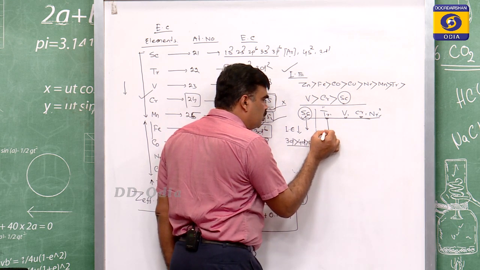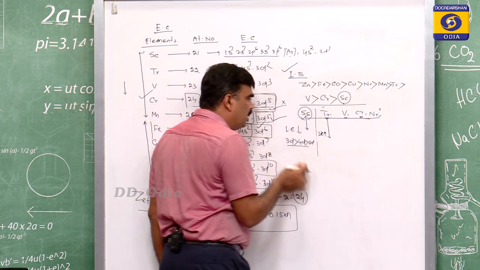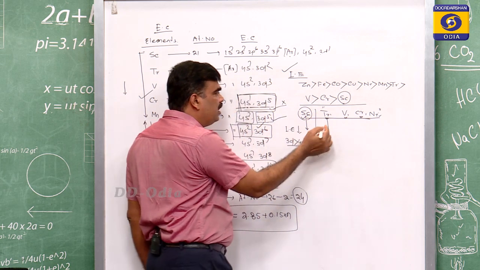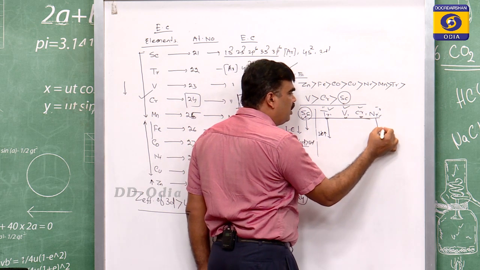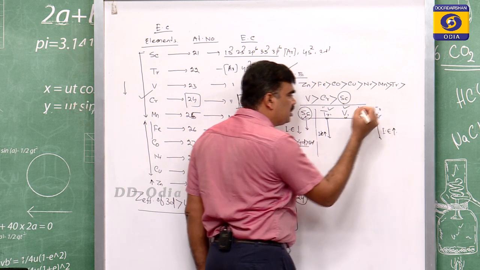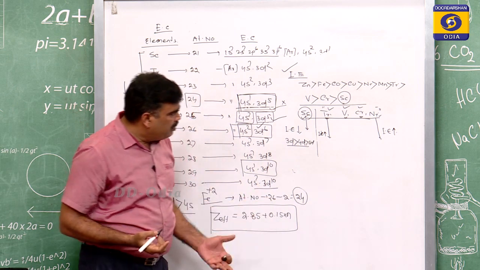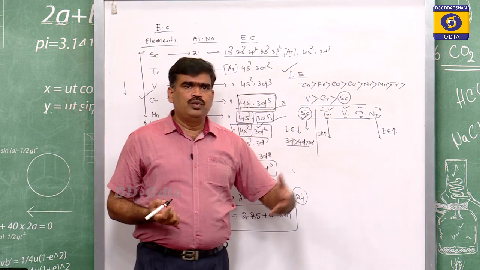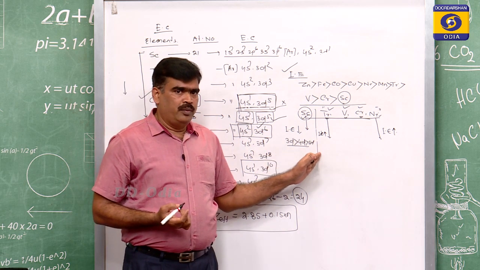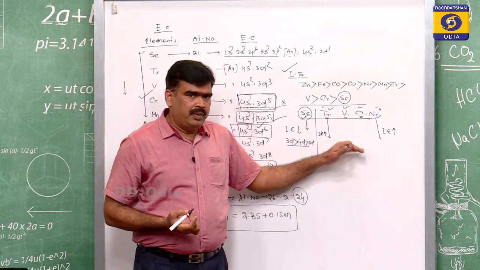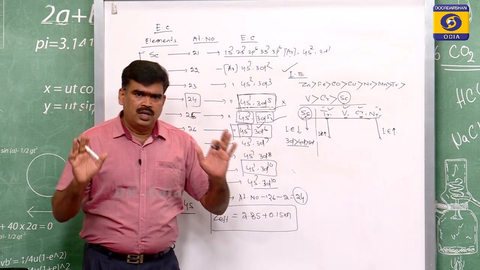Here it decreases. Here in these 4 groups only, the ionization energy gradually increases down the group, because there are many factors out of which lanthanide contraction dominates, comes into play here. But I am not going to touch upon that part.